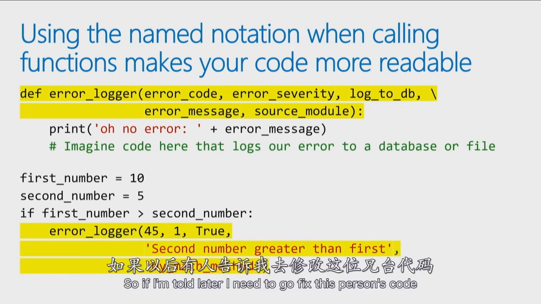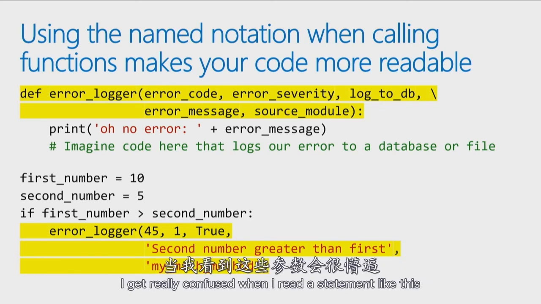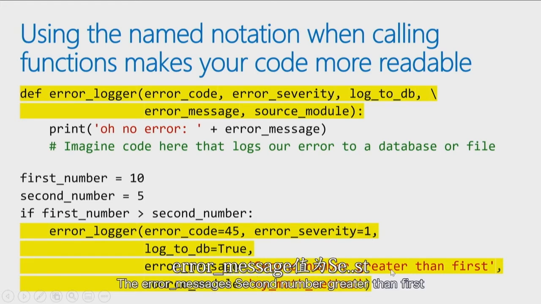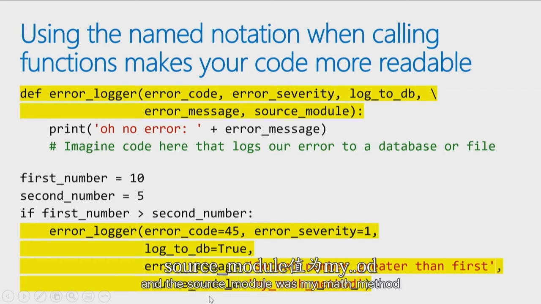Okay, I'm not sure what those values are telling me, but I guess that's the right values. So if I'm told later I need to go fix this person's code, I get really confused when I read a statement like this. What if I rewrite that a little bit and I use the named notation here? And suddenly it says, call the error logger, pass in an error code of 45, an error severity of 1. Log to database, set that to true. The error message is second number greater than first, and the source module was my math method.